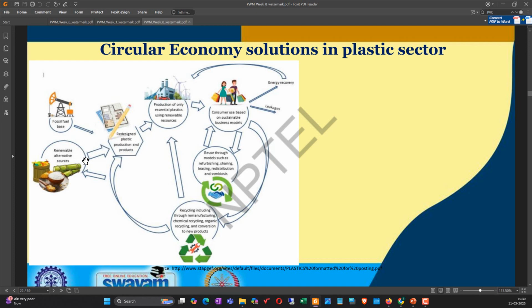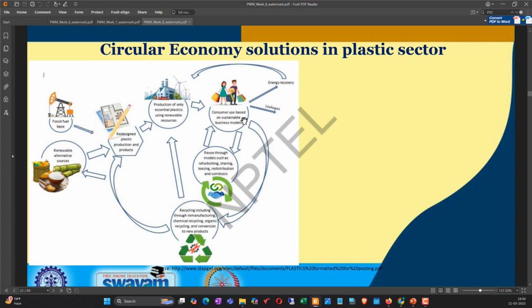There could be another alternative, such as renewable alternative sources, which you can design using that. Now, production of only essential plastic using renewable resources mostly, so that they are not harmful, right? This is one of the solutions.